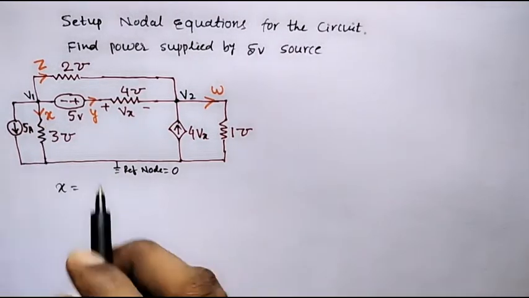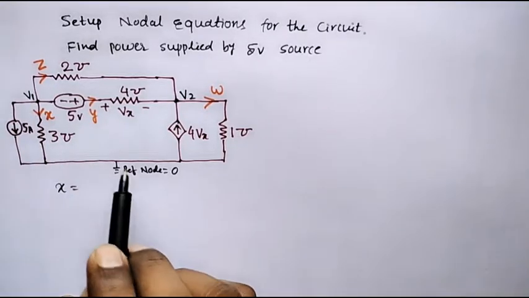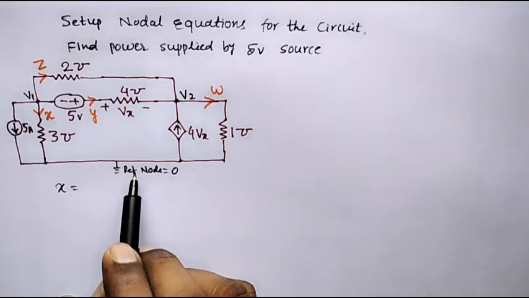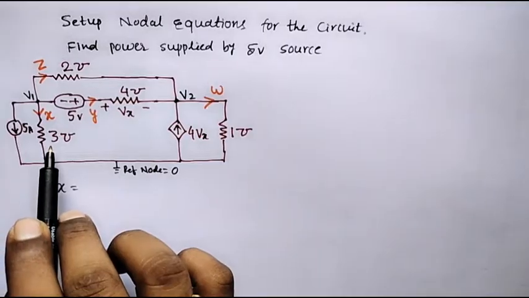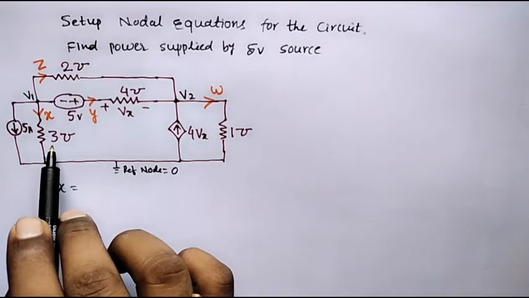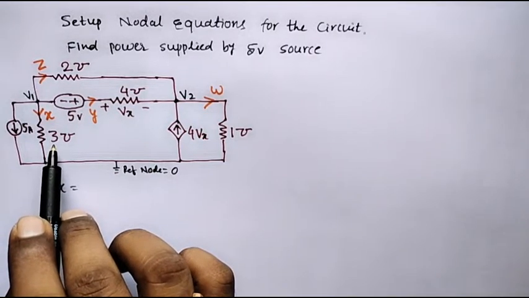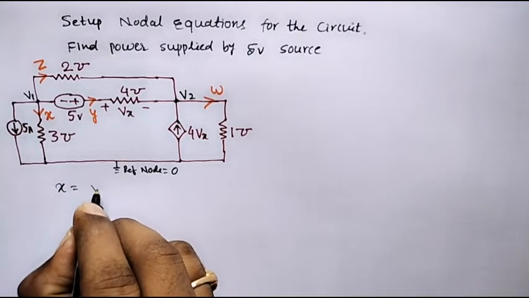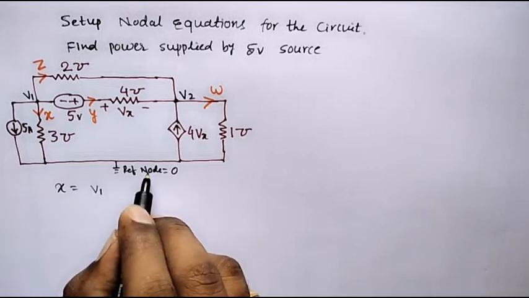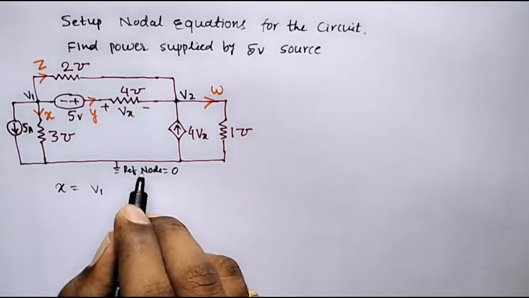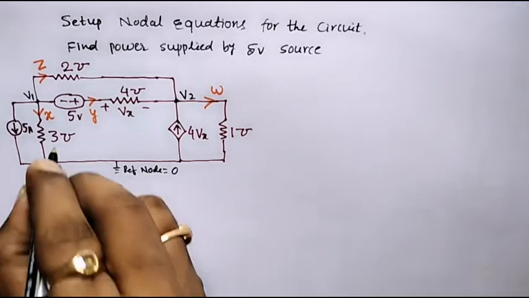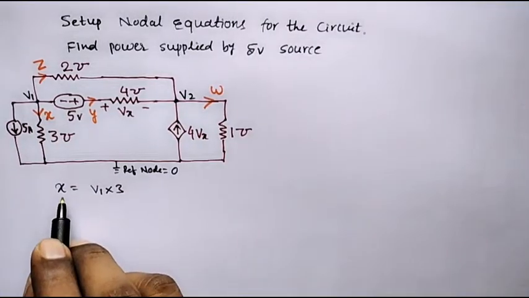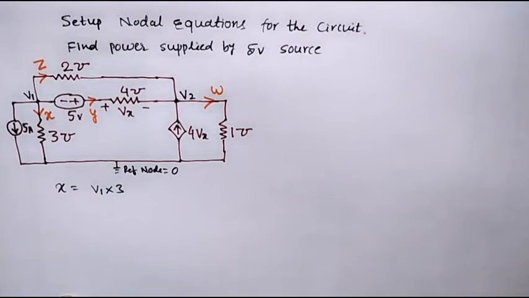So here X is equal to V1 minus this voltage. If there is a resistor, it will be divided by that resistor, but here it is conductance, so it will be multiplied with V1. So I can write it as V1 minus 0, that is nothing but V1, into 3, that is nothing but X. So X equals 3V1.